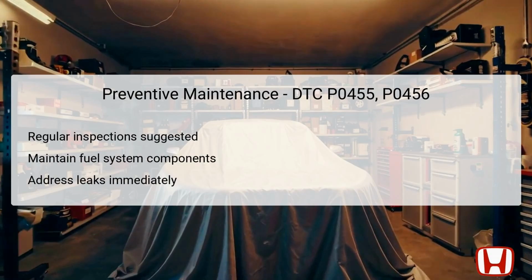Ensuring that fuel system components are properly maintained and that any signs of wear are addressed immediately will enhance the longevity and efficiency of the vehicle. Additionally, using high-quality fuel helps prevent issues caused by excessive vapor pressures. Proactive measures are essential in maintaining a healthy EVAP system.